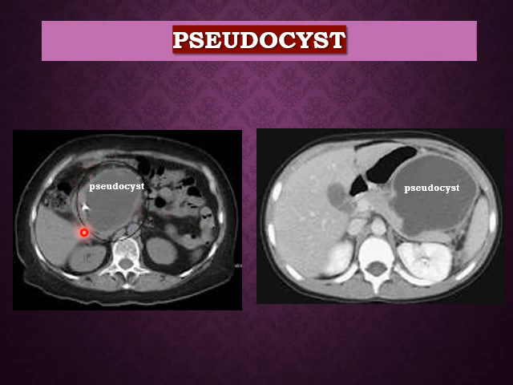Here, this is a pseudocyst, when the collection later becomes well encysted. Here is a pseudocyst where the wall of the cyst is formed by the surrounding tissues. That is called a pseudocyst.